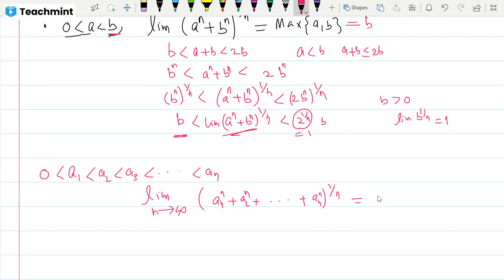This is the maximum of A1, A2, A3 up to An. So here the maximum is An. So therefore the limit of the sequence is An. Okay. So for the 13th question, the answer is 4, for 2 power n plus 3 power n plus 4 power n, whole power 1 by n, the limit is 4.